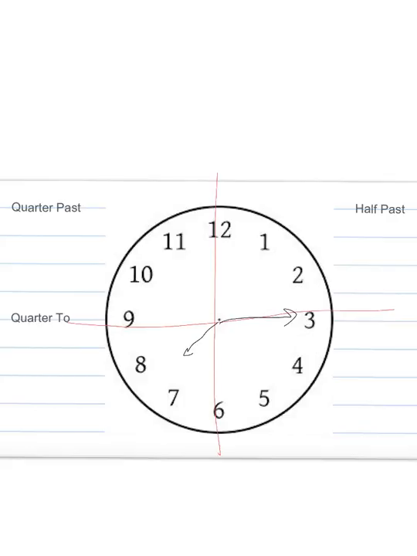Again, the 3 is 15. The 6 was 30. The 9 was 45. And this is either 0 or 60, depending on where we're starting. We're at the 7, so it's 7. And our minute hand is at 15, so it's 7:15.